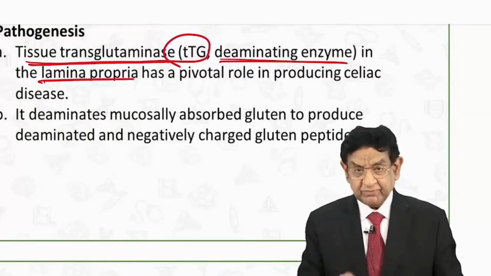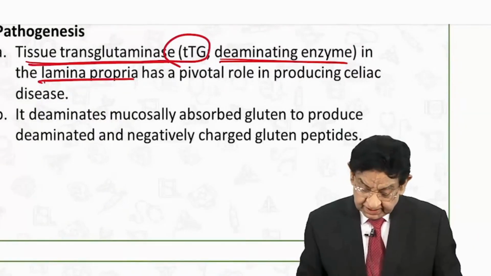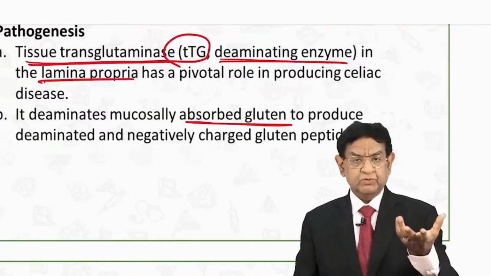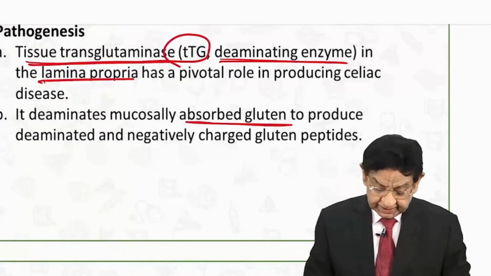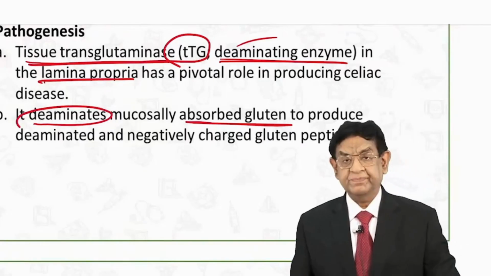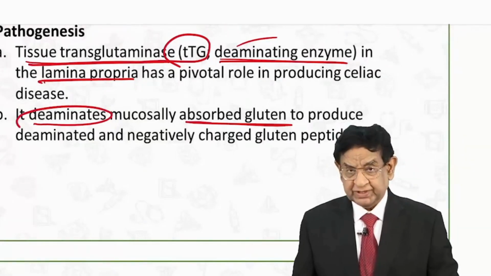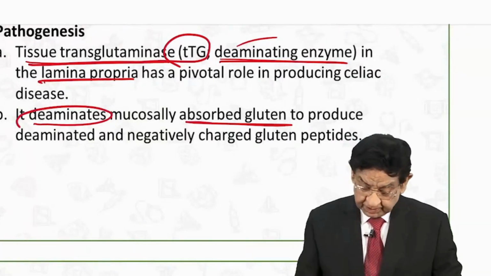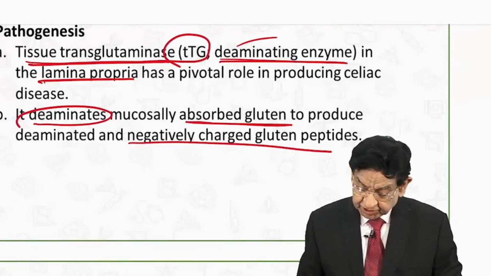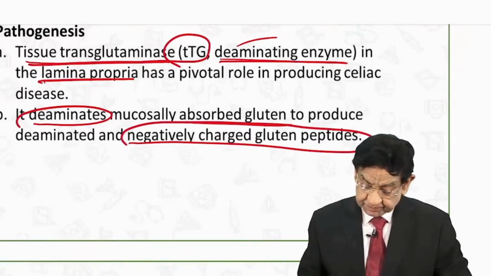Now, normally it acts on gluten which is absorbed. Whatever gluten has been absorbed, it deamidates. Remember, it is a deaminating enzyme, so it will produce negatively charged gluten peptide.